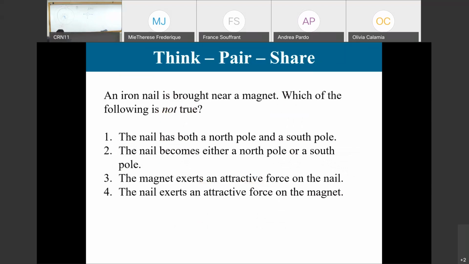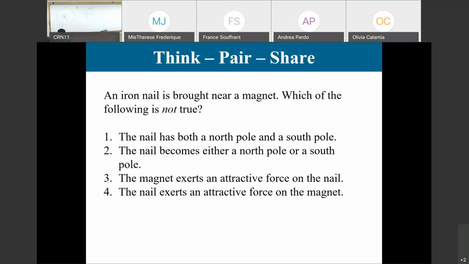If you were to have this question: an iron nail is brought near a magnet, which of the following is not true? Number one, the nail doesn't really have poles. It becomes either north or south, depending on which direction you have the magnet at. And depending on the direction and the pole, you can have an attractive or repelling force.